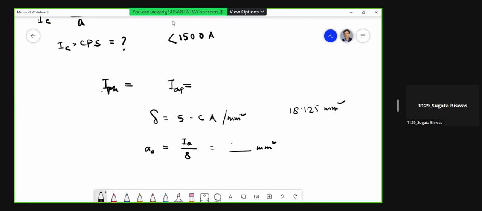Okay, so you can take a rectangular bar.